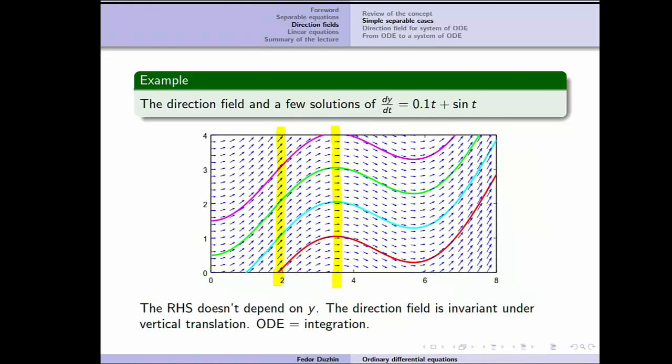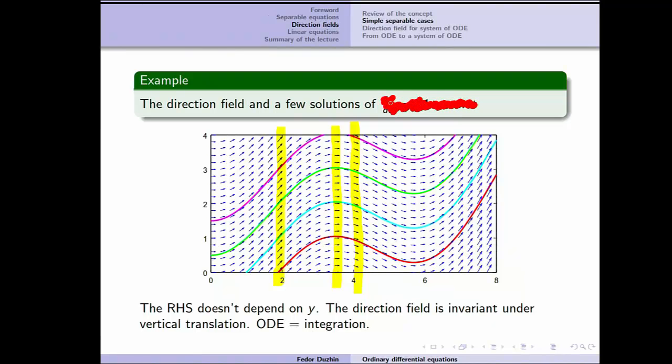Or here, t equals 4. Along the line t equals 4, all the arrows are equal to each other. And of course, this kind of behavior can be immediately seen from the direction field. In other words, suppose that you didn't know the differential equation.